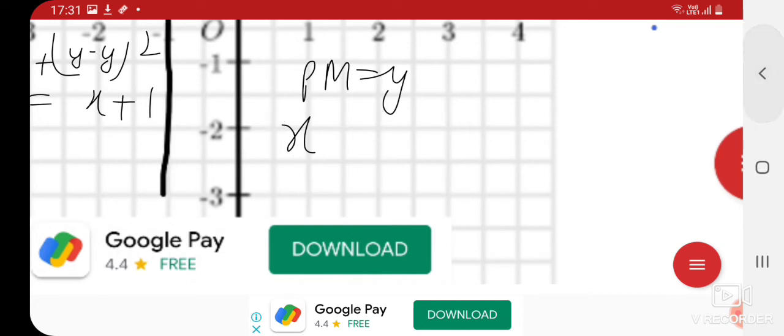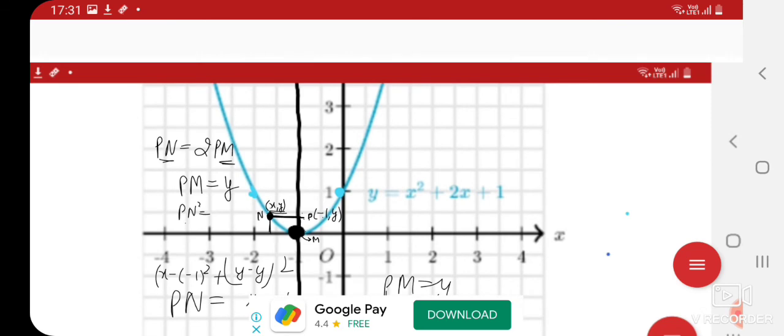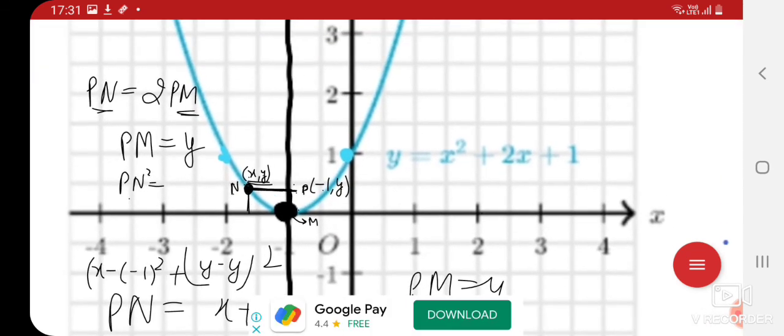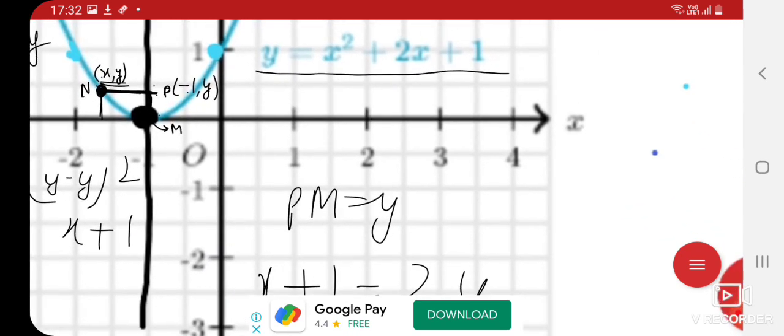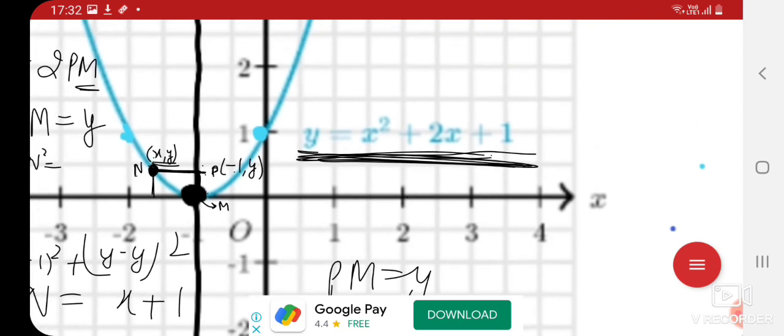Now what you know is that x plus 1 equals 2y. You know that this y will lie on the quadratic equation, right? What is this quadratic equation? It is y equals x square plus 2x plus 1. That means you can put this value of y.